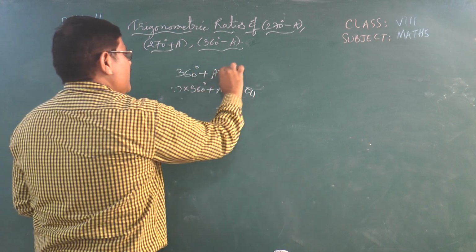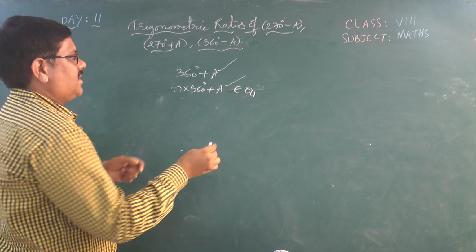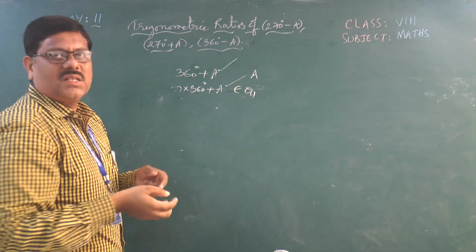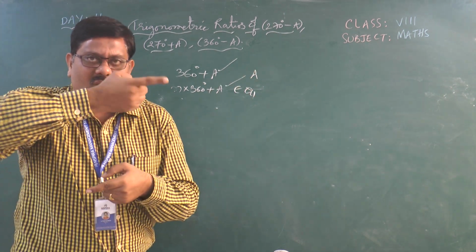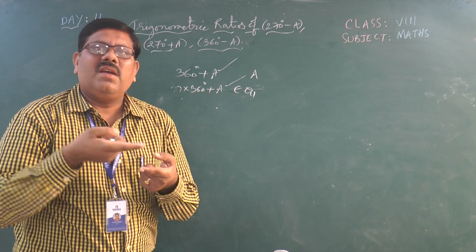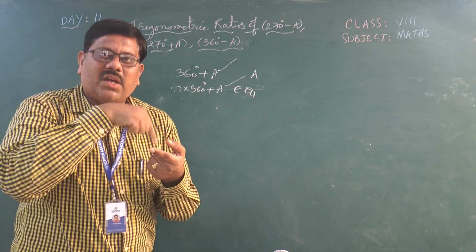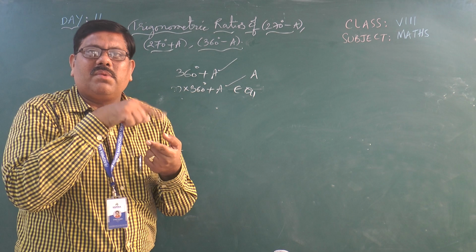So n times 360 plus a always belongs to quadrant 1, just like angle a. Because if a circle completes one rotation, obviously the angle made is 360 degrees. Any number of complete rotations you make, for every revolution we have multiples of 360 degrees.